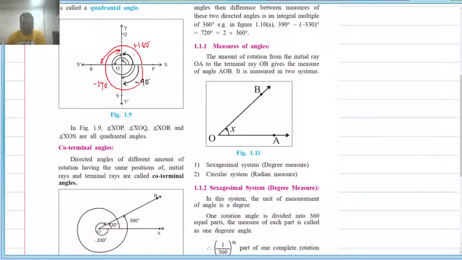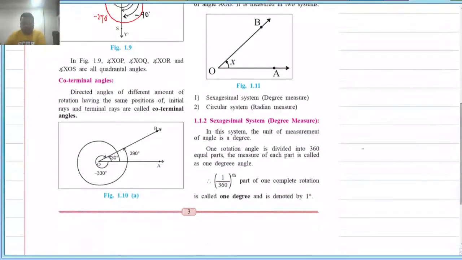Now, coterminal angles. What are coterminal angles? Directed angles of different amount of rotation having the same position of initial and terminal rays are called coterminal angles. So suppose the initial and terminal rays are same. For example, OA and OB as shown over here.